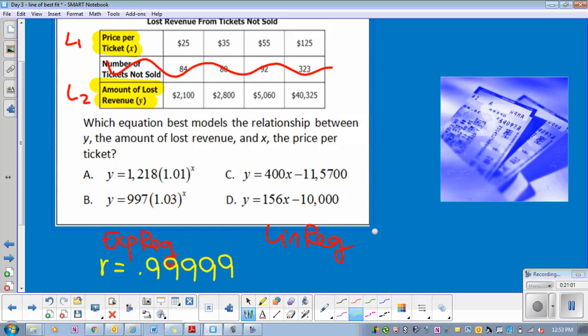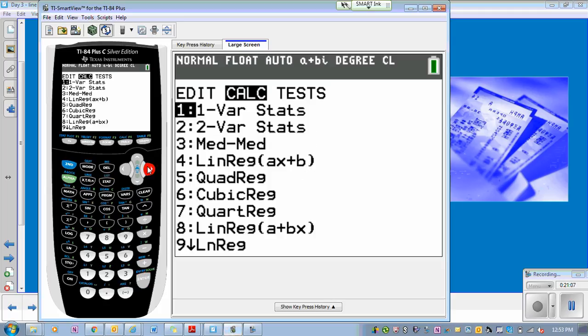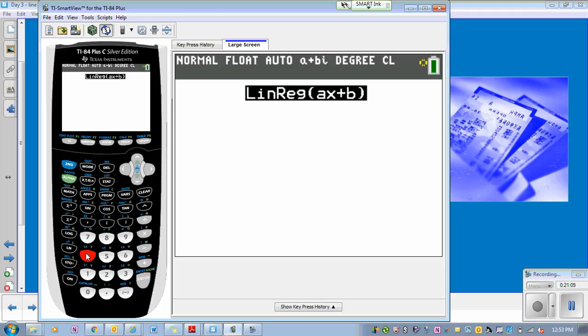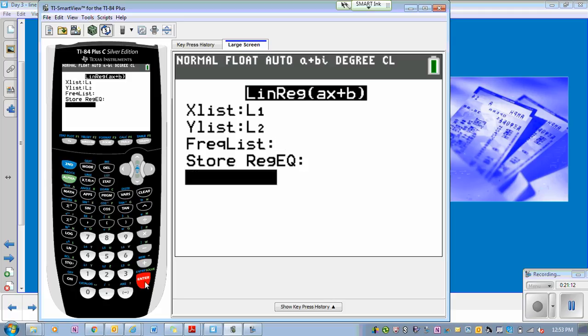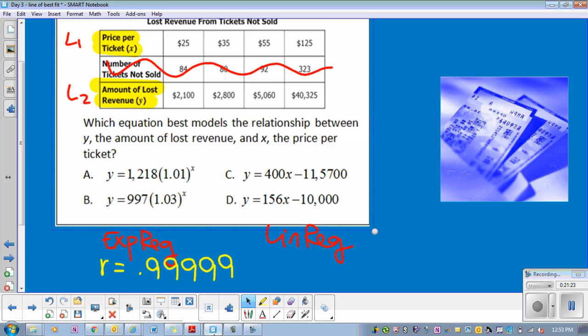No, not always. I wouldn't trust that. All right, so let's hit linreg. Stat, calc, linreg. It's not a 1, and it doesn't beat that. If I look at my last line, my R is 0.97749.